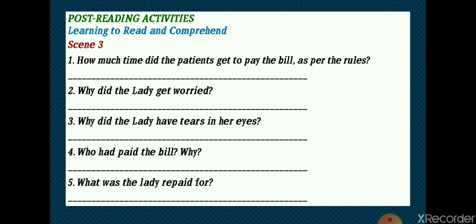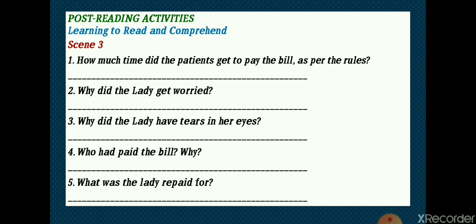Question number 1. How much time did the patients get to pay the bill as per the rules? Okay. You must be remembering the talk between the man and the nurse. We have to tell about the time for the patients to pay the bills. Number 2. Why did the lady get worried?